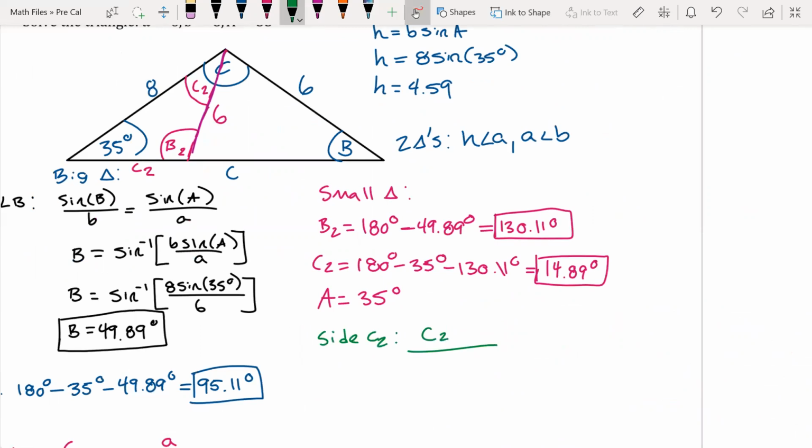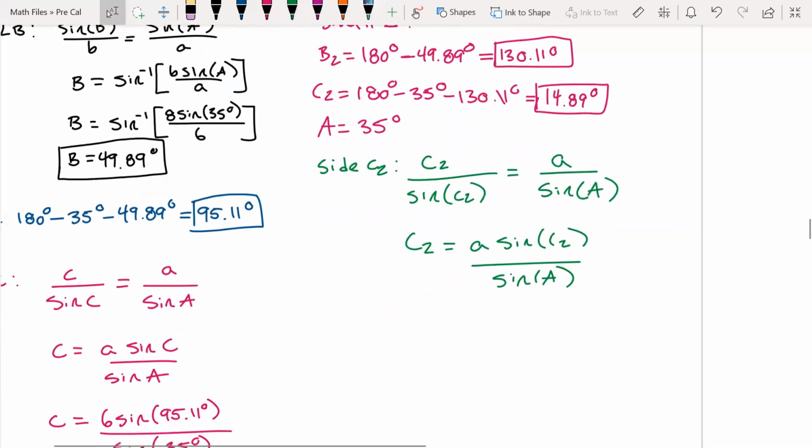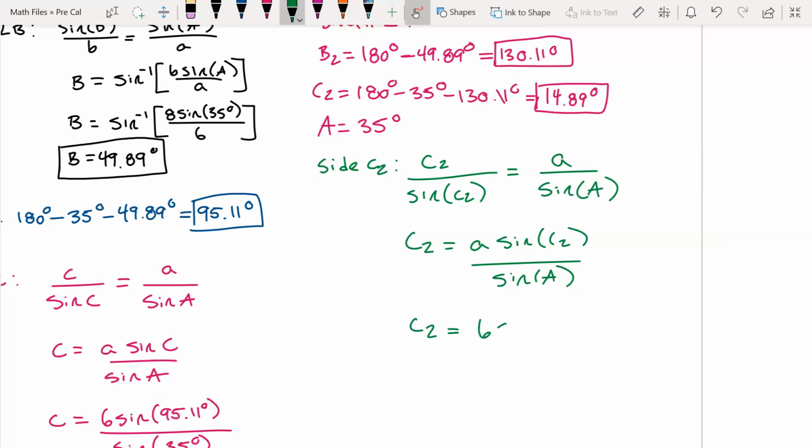So you'll get side C2 under the sine of angle C2 equal to, well, what we know already, side A over the sine of 30, over the sine of angle A. Now just solve for C2 and you'll get A sine C2 over the sine of angle A. And C2 is going to be 6 times the sine of 14.89 degrees over the sine of angle A, which is 35.